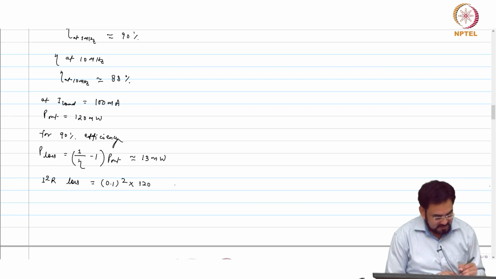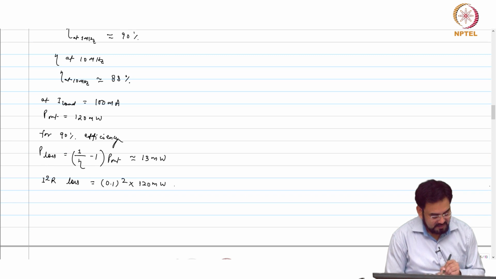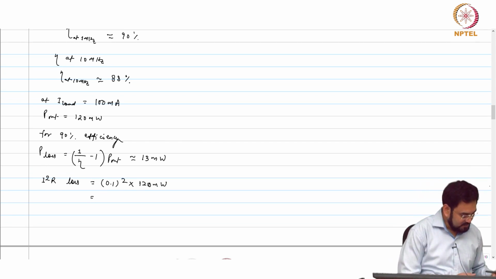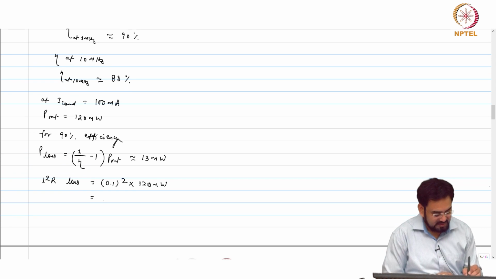Okay. So 0.1 into 120, sorry, 120 milliohm. How much is that? 0.12 into 1.2 milliwatts, 120 microwatt.